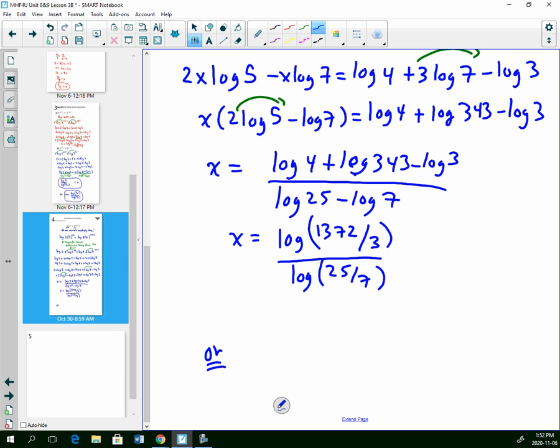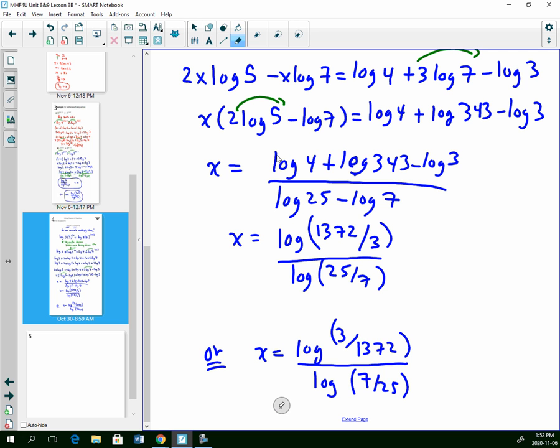Or if you went the other side, you would have 3 over 1372 and 7 over 25. Okay, so both are the same. You're going to get the same result regardless of whether you isolated the variable to the left or you isolated the variable to the right.